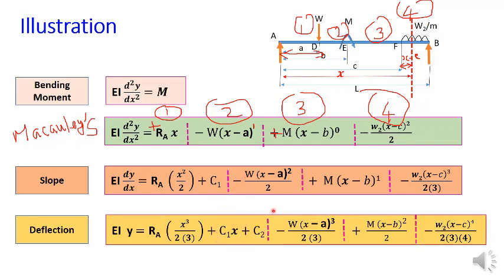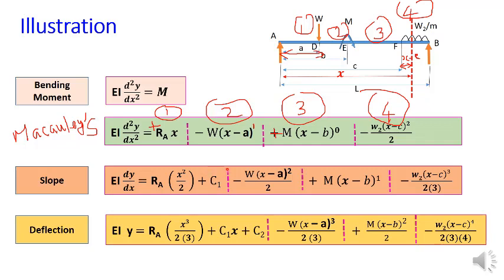So minus W by 2, and x minus a the whole square integrates to x minus a whole cube divided by 3. Similarly here, M into x minus b the whole square by 2 in the third portion, and W2 into x minus c the whole power 4 divided by 2 into 3 already there. So x cube, when you integrate, x power 4 divided by 4.